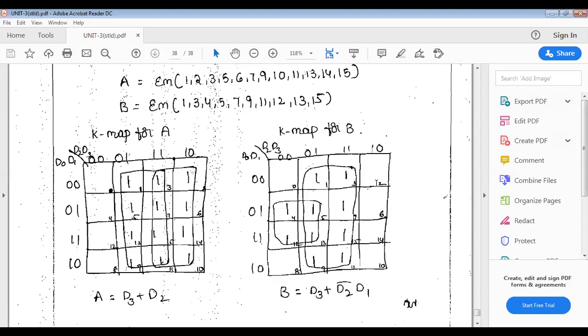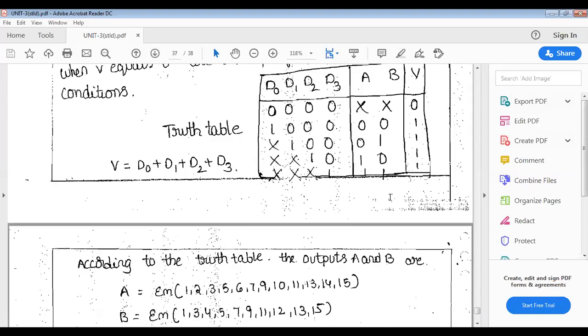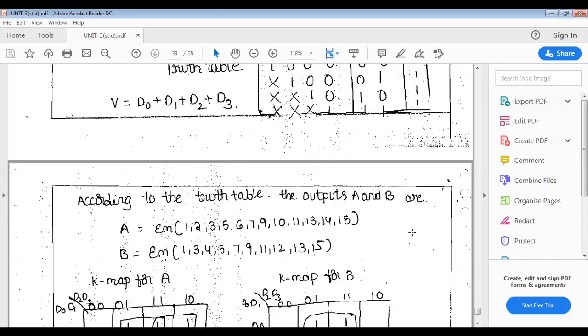Using this, you can use the K-map. Why can they take the min terms 1, 2? You see here, this is a 0 value and this value is 1, and from here it is 2, 3 and so on, and B is equal to 1, 3 and then 4, 5, 7 like that.